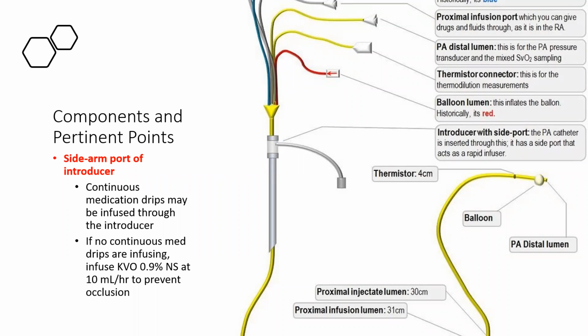If there are no continuous drips being infused through this, you can put a D5 or normal saline at KVO, or keep vein open. And when we say keep vein open, it's 10 mLs per hour to prevent occlusion. Okay, so this is a port that you can use right after the insertion.